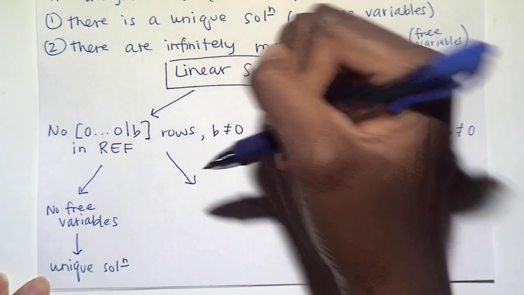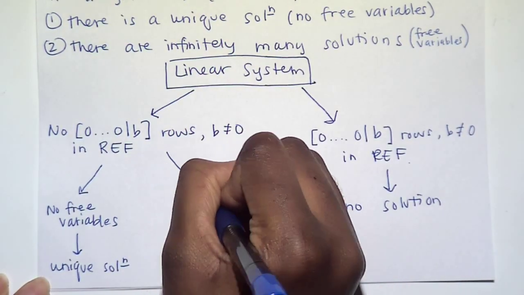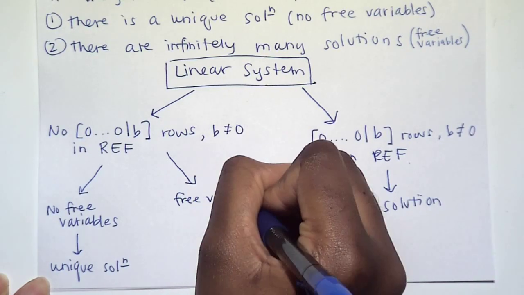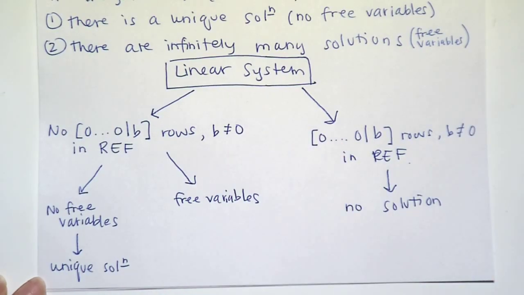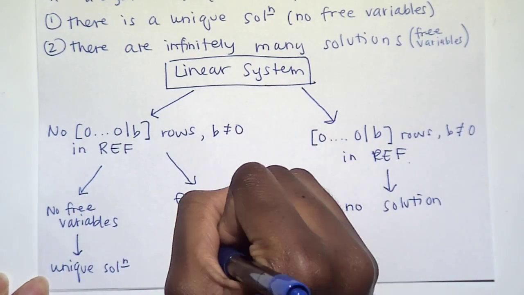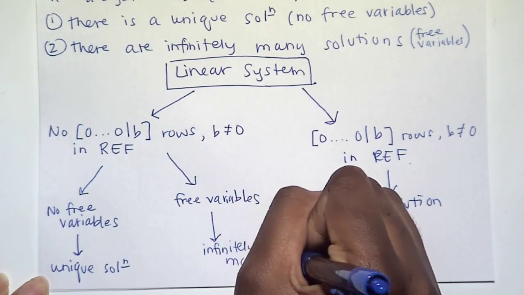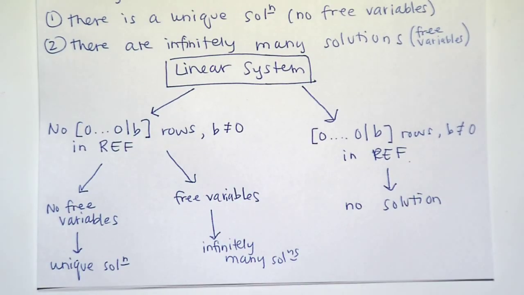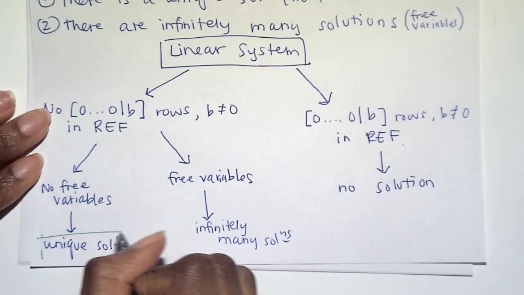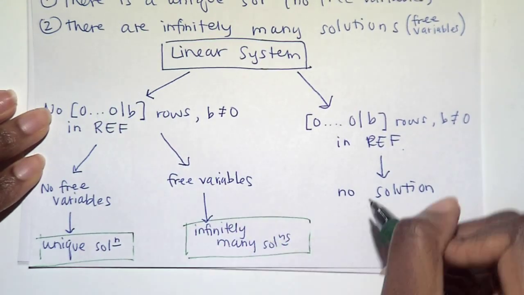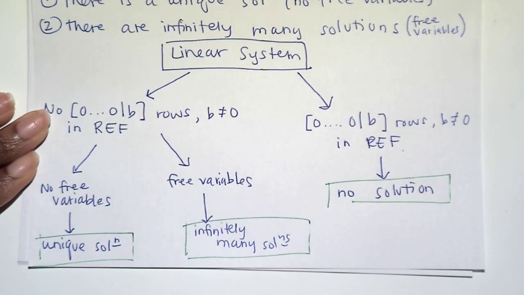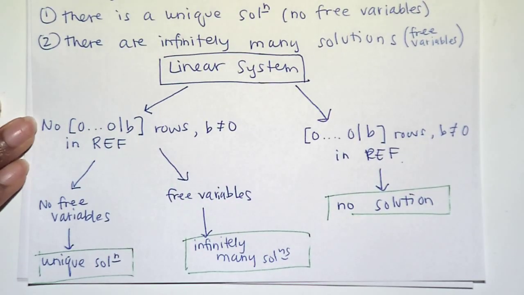We could have had free variables. All right, and when we have free variables, we know we have infinitely many solutions. And these are the only three options. Unique solution, infinitely many solutions, no solution. All right, and so that is the end of this section.